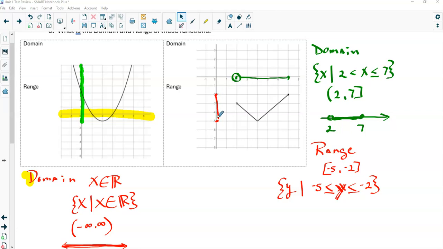To graph it, the graph shows right here already. All I have to do is draw my line, my -5 and -2, and they're both closed circles, so closed circles and a shade in between. So that's it. That's what you need to know as far as that.